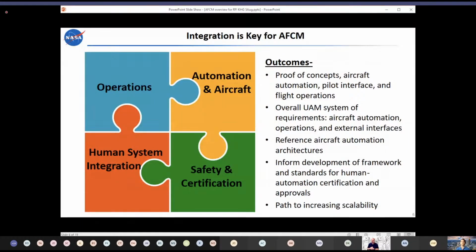We're talking about having to develop flight procedures that are appropriate for these vehicles with novel flight characteristics, operating in a novel area. That is, of course, combined with the automation and the underlying aircraft system. And let me just take a moment to talk about the importance of the basic aircraft system.